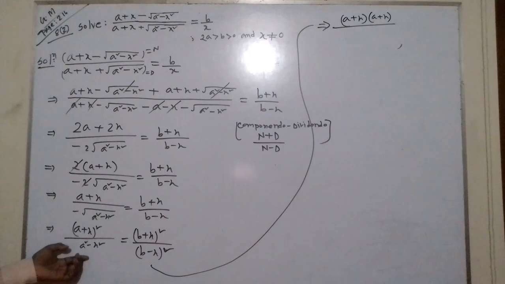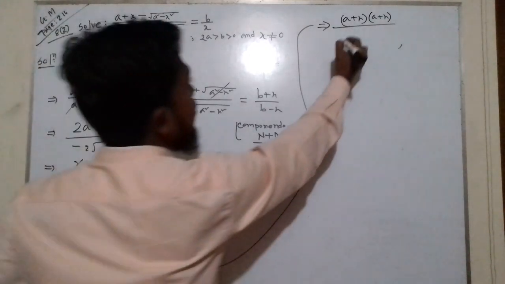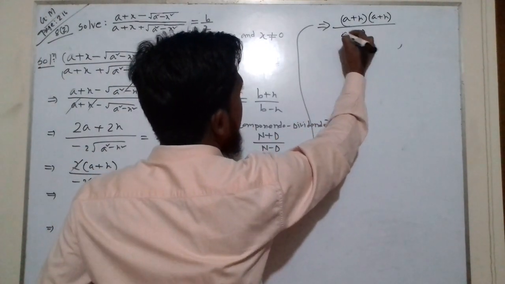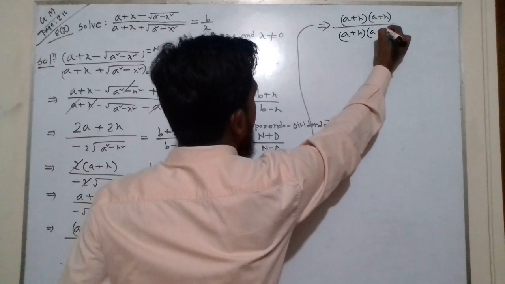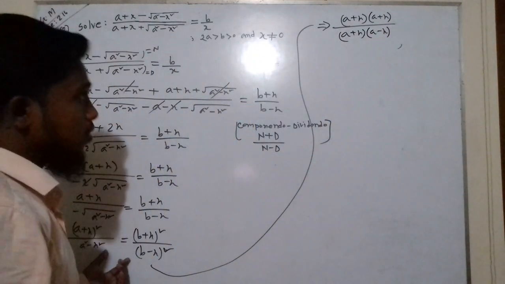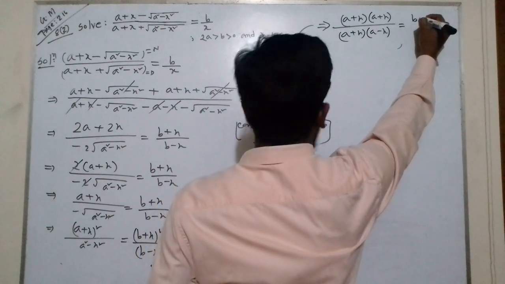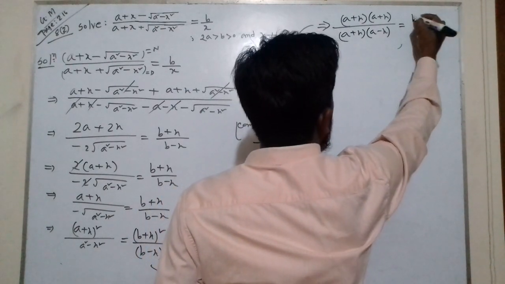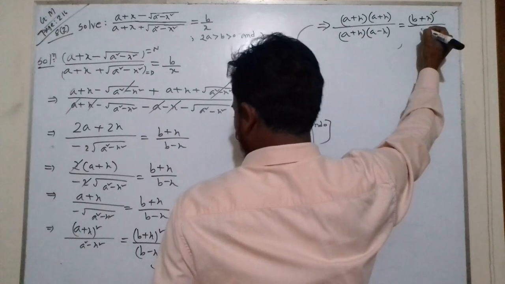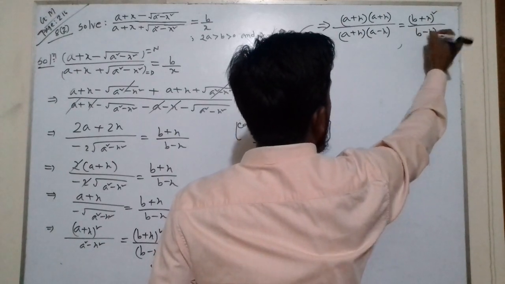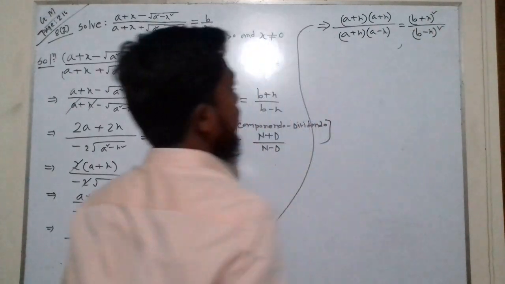This is a plus b into a minus b, so we can write a plus x into a minus x, equal to b plus x whole square divided by b minus x whole square.